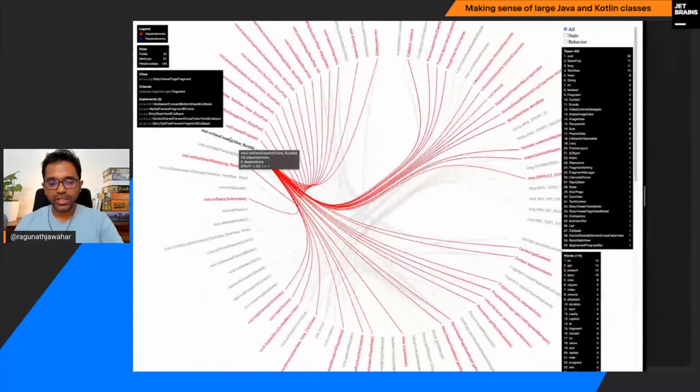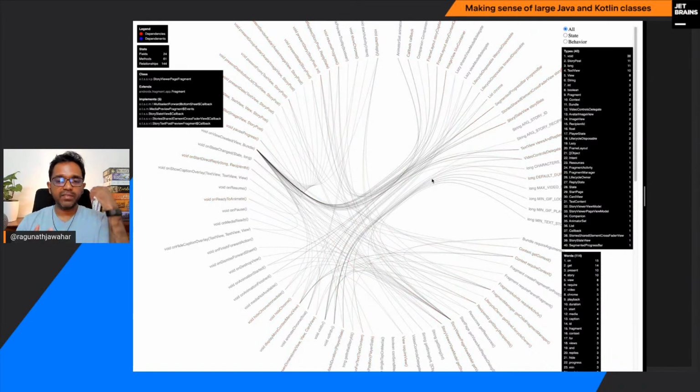The opposite is also true. If you do something to a member that is used by a lot of other members, it's also easy to break stuff, right? So extreme blue and extreme red have those qualities in them.